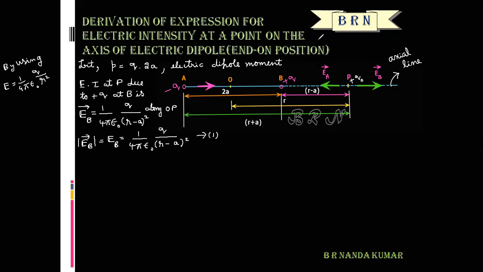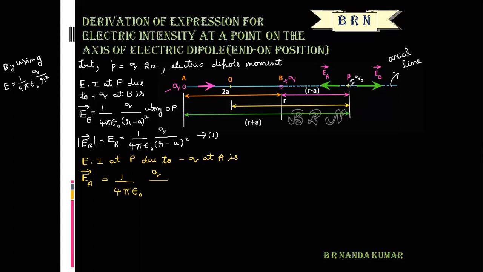After that, let us calculate the electric intensity at P due to minus Q at A. EA vector is equal to 1 divided by 4 pi epsilon naught, q divided by... The electric intensity at point P is due to minus Q. Now minus Q is the point charge, and P is the observation point.